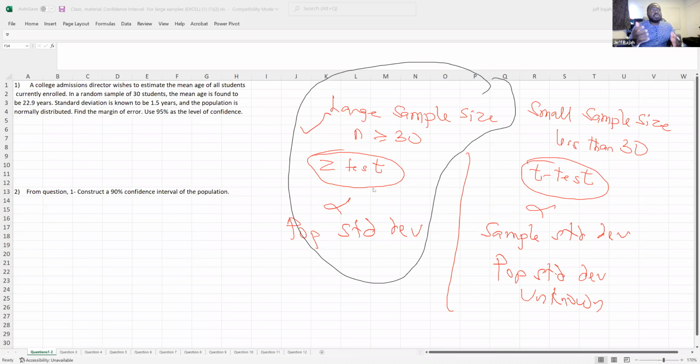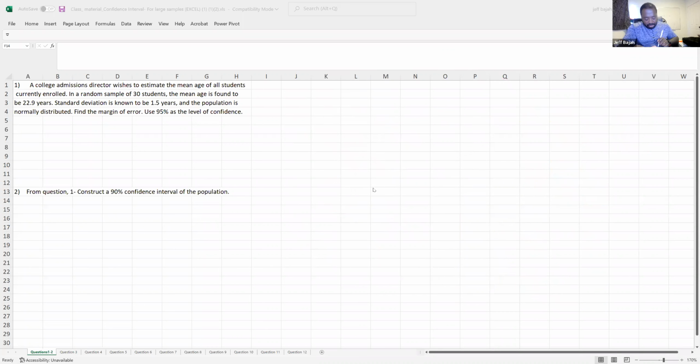And by the time we're done with this, it would make confidence interval even easier than you originally thought it was. All right, so let's solve a couple of questions. And we're going to address these questions slowly and surely so you can understand how to solve them. Let's look at the first one.